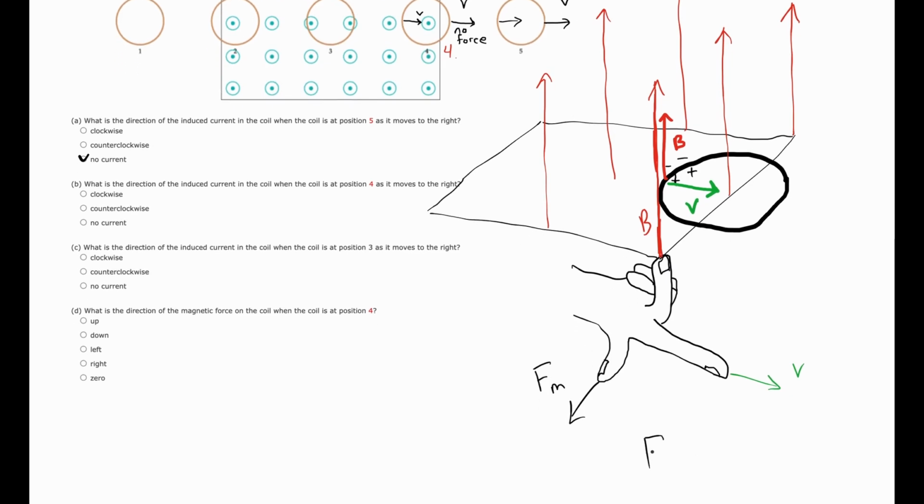That's from the formula F equals QV cross B. So these positive particles are going to feel a force, which makes them want to go this way around the loop. And so that is one way to figure out what the direction of current must be. It must be counterclockwise from top down. So yeah, I would say counterclockwise from top down.